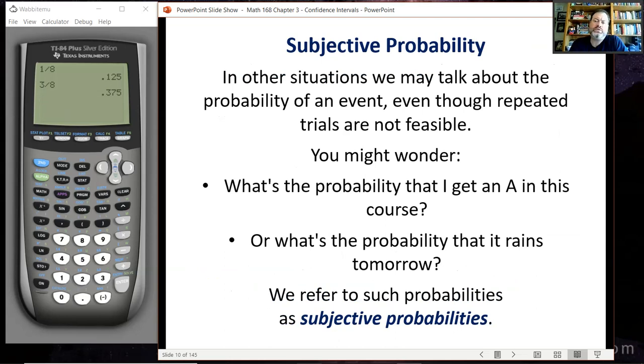In other situations, we may talk about the probability of an event, even though repeated trials are not feasible. You might wonder, what's the probability that I get an A in this course? If you have 101% in the class right now, probably pretty good. If you have a 65% in the class, probably not so good. But you can't do repeated trials. It's just an estimate based on your belief about something.